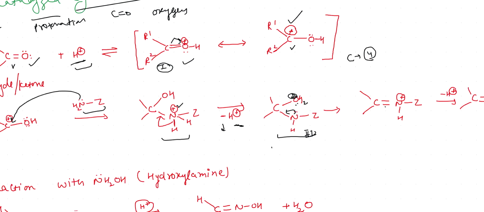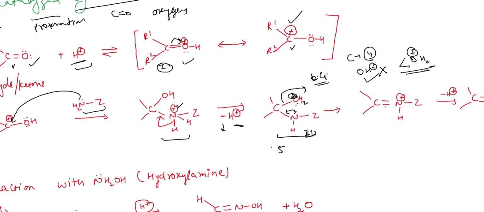But when the bond is formed, another bond is also broken. So when the double bond is formed, there is removal of OH2 positive. OH2 positive here will act as a leaving group. As we know, OH negative is not a good leaving group. OH2 positive is a better leaving group than OH negative.